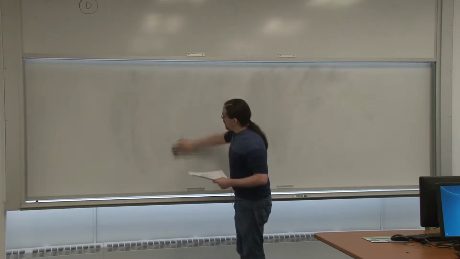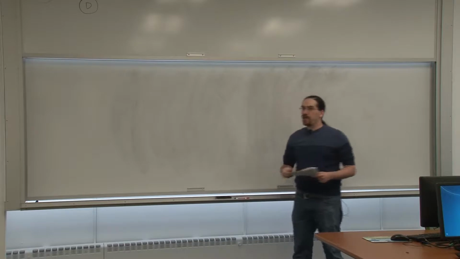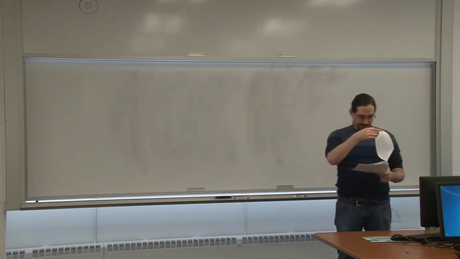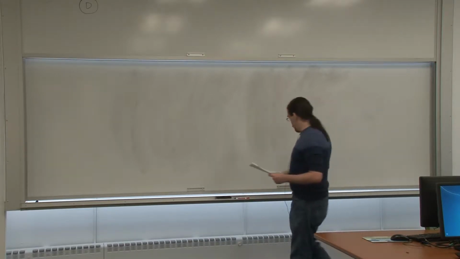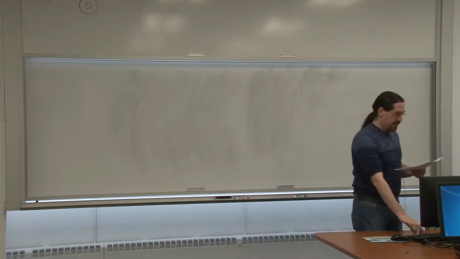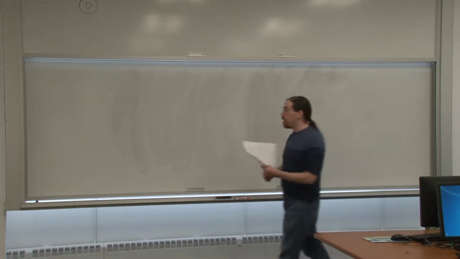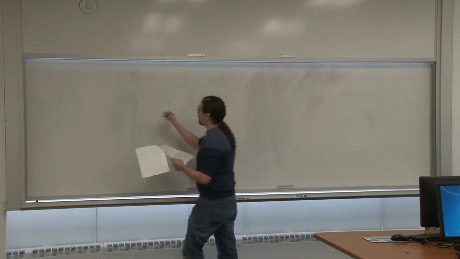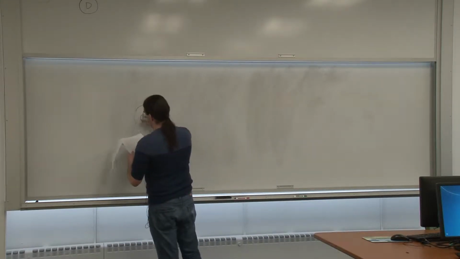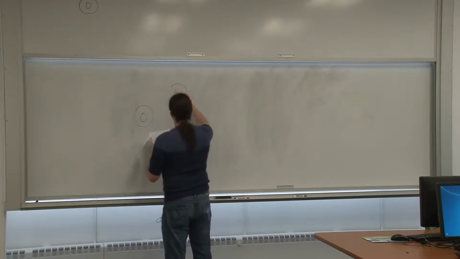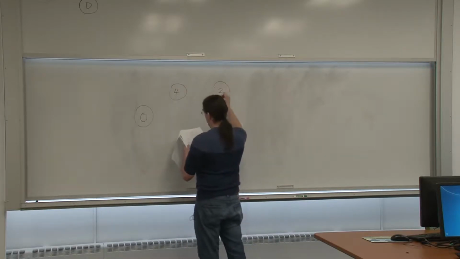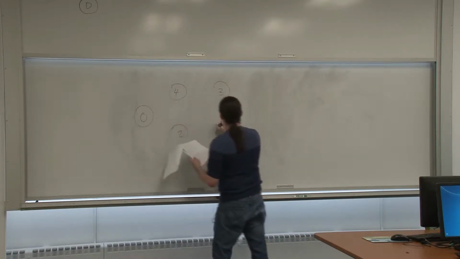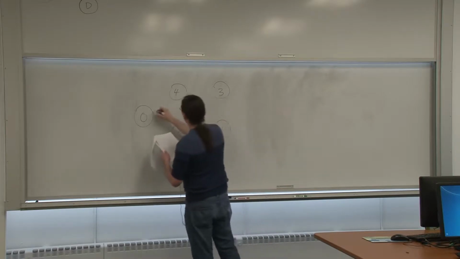So we talked last week about shortest paths on an unweighted graph. So let's talk about shortest paths on a weighted graph. So let's draw another pretty graph picture. 3, 2, 1.